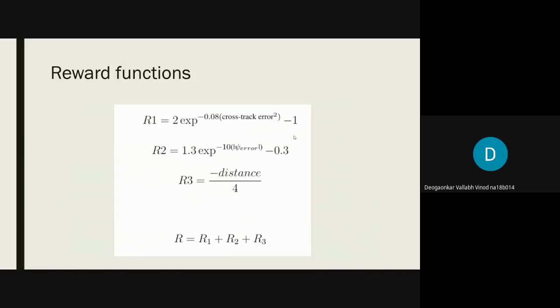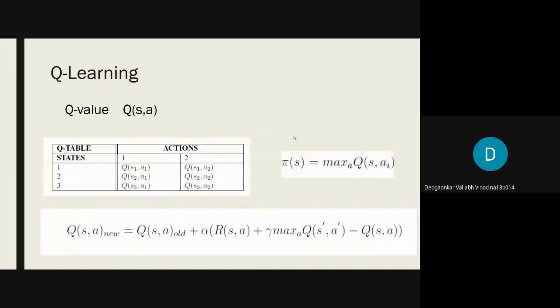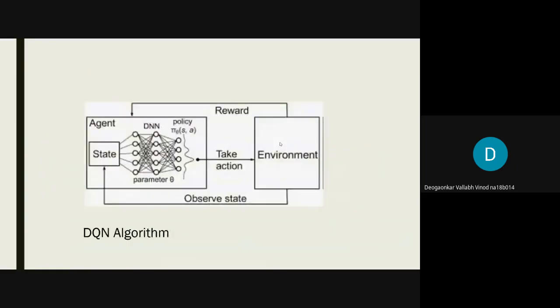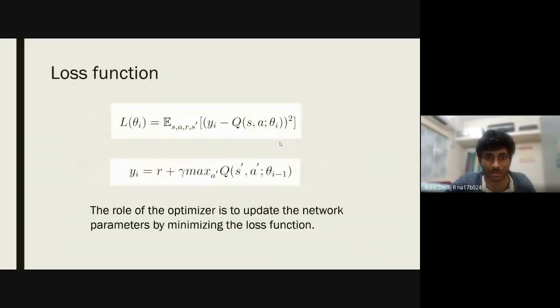I think you explained the difference between normal Q-learning and the slide on which sir asked about the difference in the alphas. This is for Q-learning and the one for the DNQ. This one.